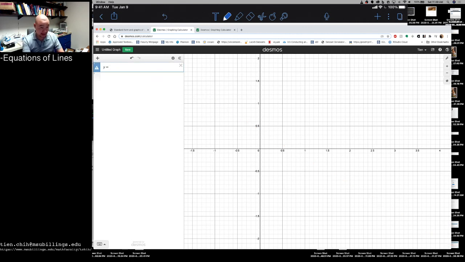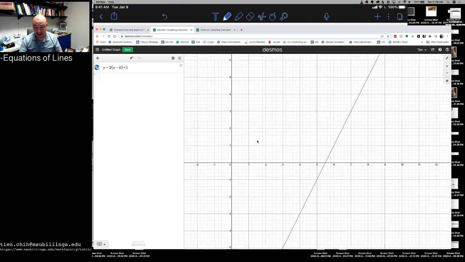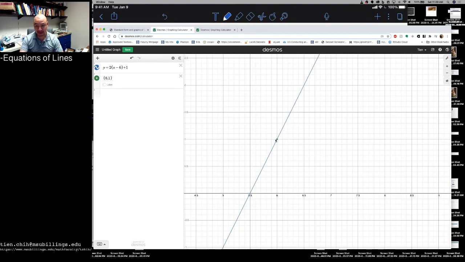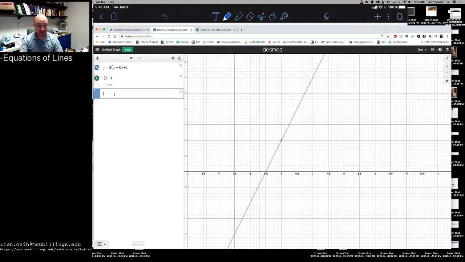Let's take a look at 2 times x minus 6 plus 1. And there we go. Let's go ahead and plot the point 6, 1 to see if we've hit it. And there we go. Our line passes through that point. And if we go ahead and plot our other equation, y equals 2x minus 11, we see once again we've drawn the same line.